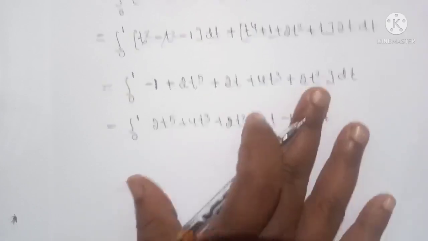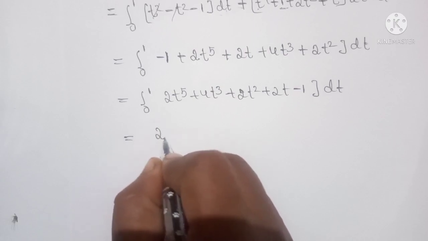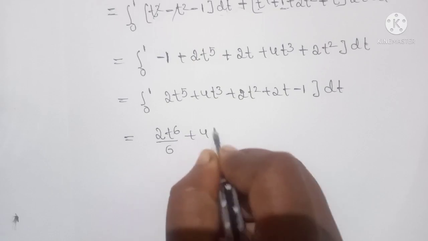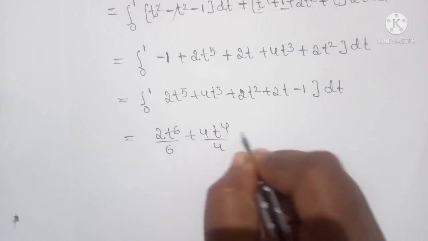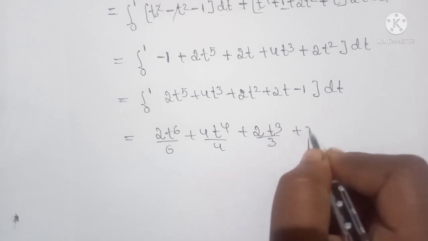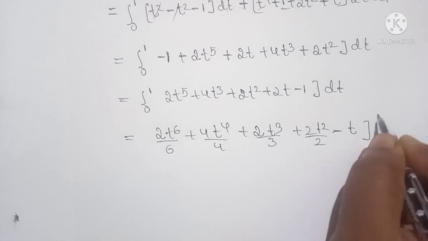Okay, now integrating this one we get 2 t power 6 divided by 6 plus 4 t power 4 by 4 plus 2 t cube by 3 plus 2t square by 2 minus t, and the limits are 0 to 1.